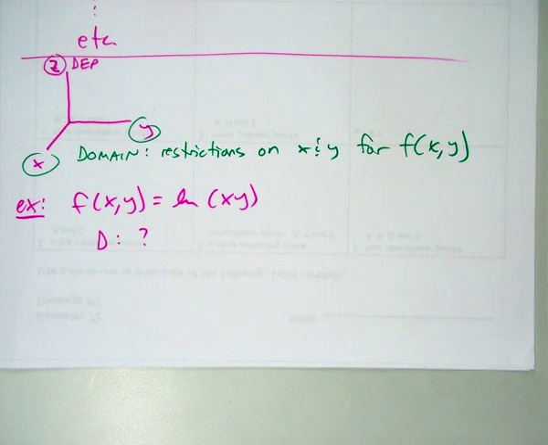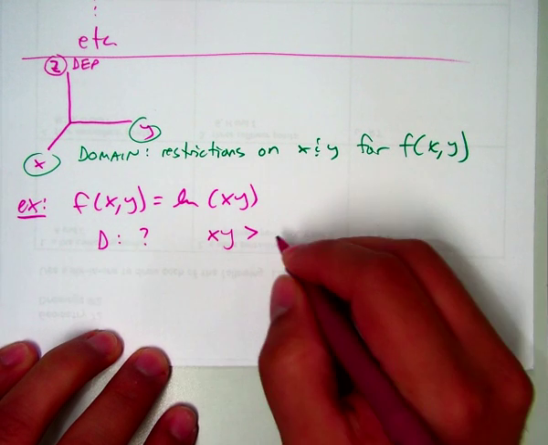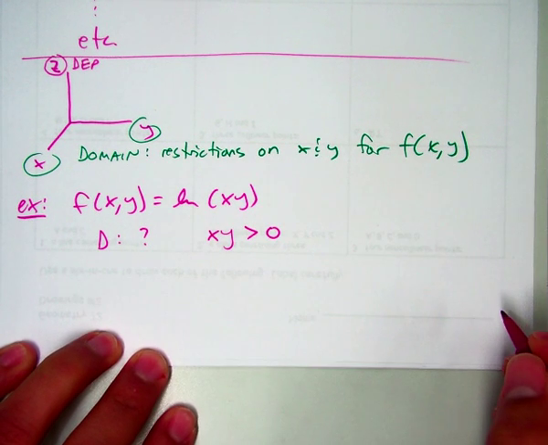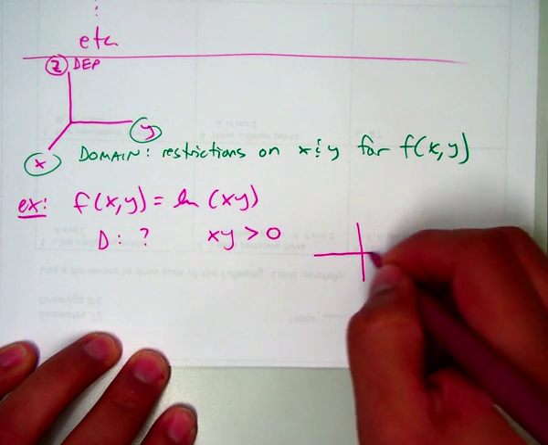One can or can't? Yeah, one can't be negative while the other one's positive. You know what I'm saying? I do, actually. Yeah. So xy has to be greater than 0. But you don't specify for x. But no, I mean, I like the way you said that. They both have to be positive.